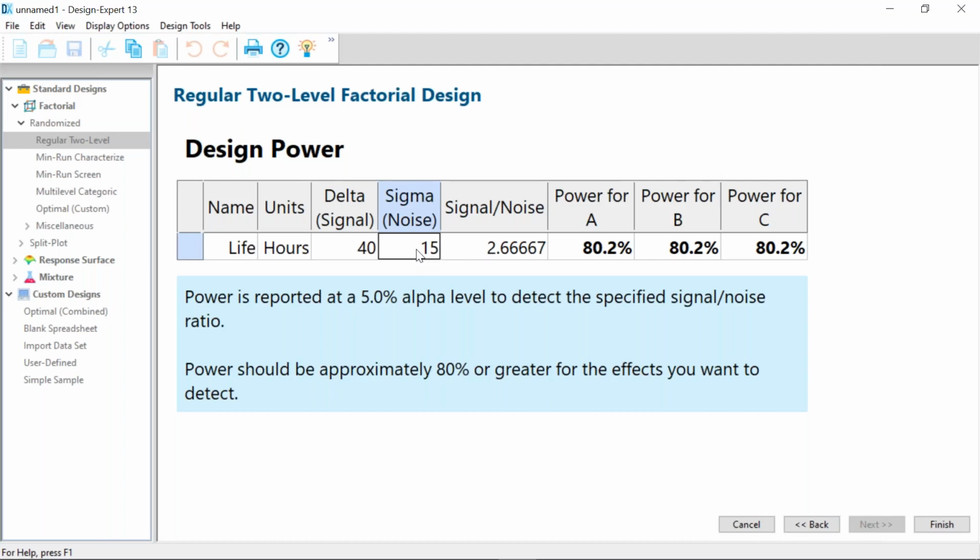We recommend at least 80% or greater. There's nothing sacred about that number, but obviously the higher that is, the better, to a point. You don't want to get it too high because then you're probably overpowering and spending too much time.